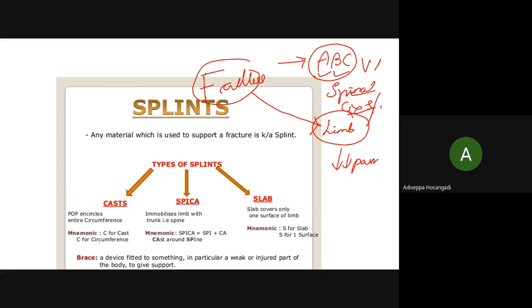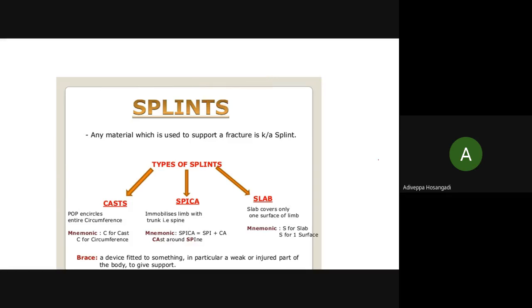So how do you immobilize the fractured limb? Whatever devices you use for immobilization of a fracture are called splints. On the roadside nothing may be available, so simple bamboo sticks, or you can wrap it with newspaper or cardboard.